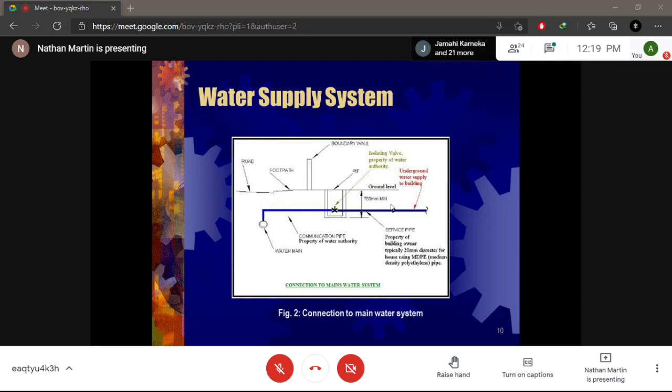Now, depending on the size of the facility will also determine the size main that you use, coming into the facility. So if we're talking about a large facility, they might use a 1 inch pipe, or they might use a 1.5 inch pressure pipe, and these are pressure pipes. Now we're talking about the potable water.